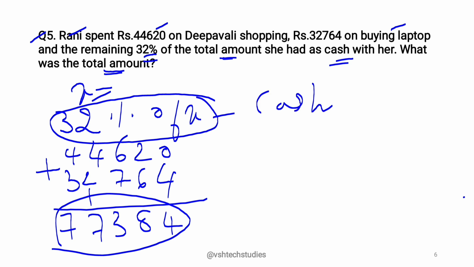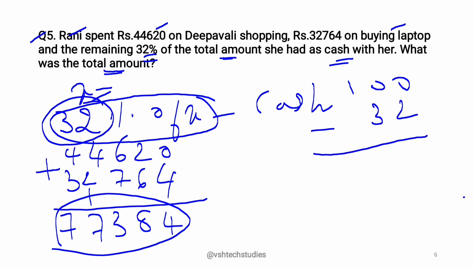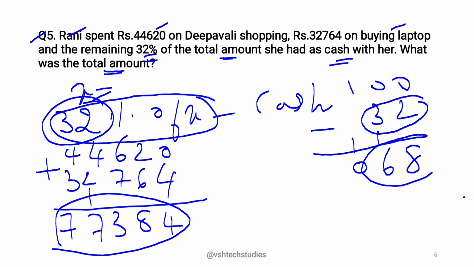So out of the 100%, if 32% is gone, 0 minus 2 we cannot do, taking 1 borrow, 10 minus 2 is 8, again 0 minus 4 we cannot do, taking 1 borrow, 10 minus 4 is 6, so 1 minus 1 is 0. So 32% cash is remaining out of 100. So 100 minus 32 is the expenditure. So this 68% is the expenditure.